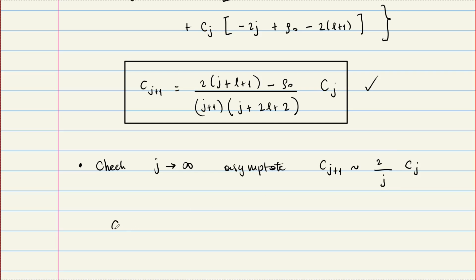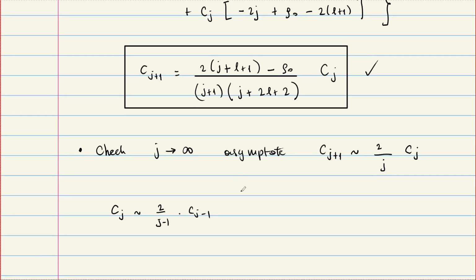That means Cj is asymptotically equal to 2 over j minus 1 times Cj minus 1, and Cj minus 1 is asymptotically equal to 2 over j minus 2, and this is going to be equal to 2 over j minus 3, and then it will just go on until you hit C0.